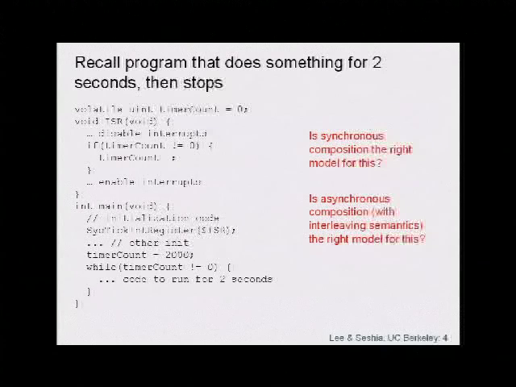But remember, with asynchronous composition with interleaving semantics, the choice is completely non-deterministic. Which one goes is a non-deterministic choice. But that's not really the case here. When an interrupt occurs, the main function is suspended, period, until the ISR finishes. At that point, it's not the case that the main function can execute.